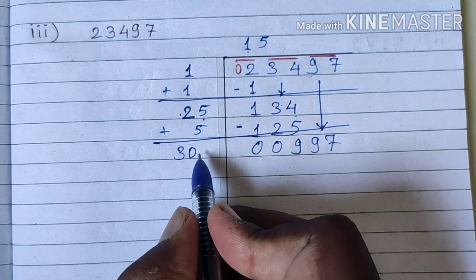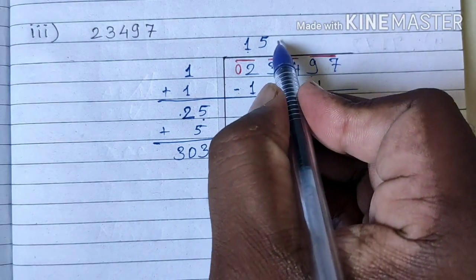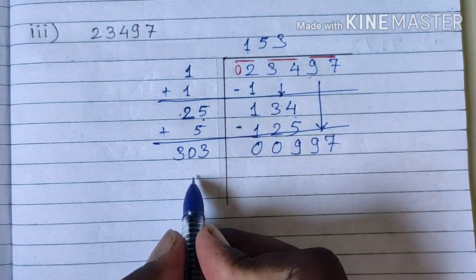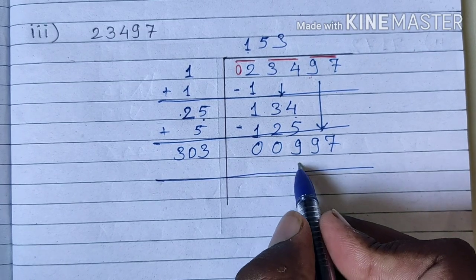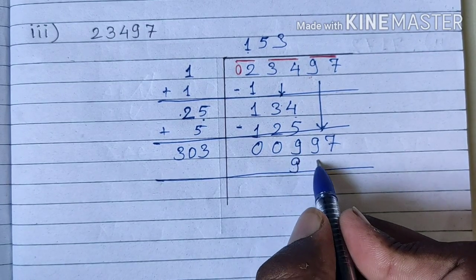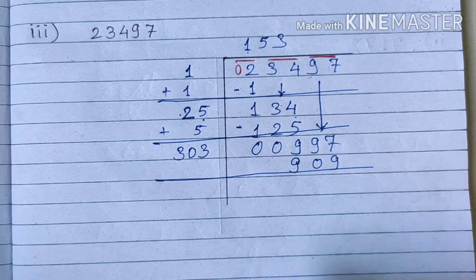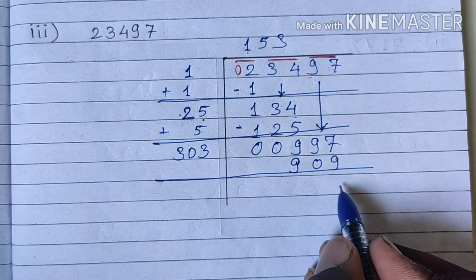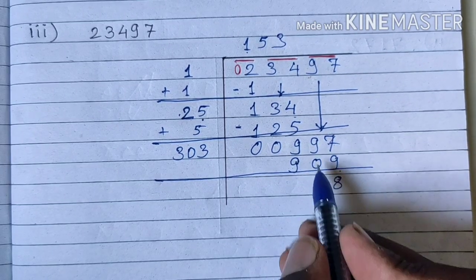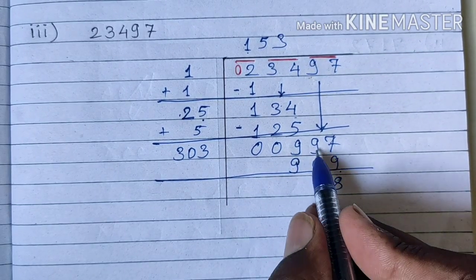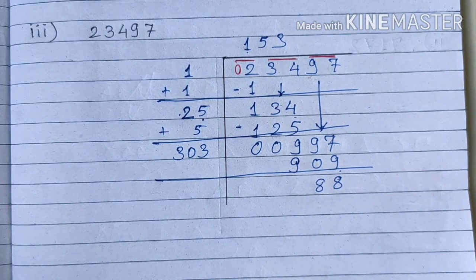So let us put 3 here. When we multiply by 3, we get 909. Subtraction gives us 8. 17 minus 9 is 8, and 9 will reduce by 1, so it becomes 88.